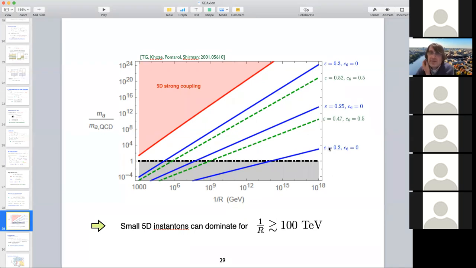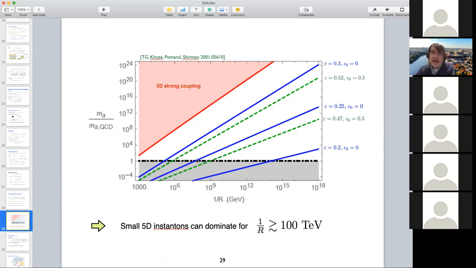this epsilon parameter, this epsilon is a measure of the perturbativity of the 5D theory. So epsilon equals 1 would be the red line here, and epsilon being 0.3 or 0.2 is kind of semi-perturbative, you're getting close to the perturbative limit.